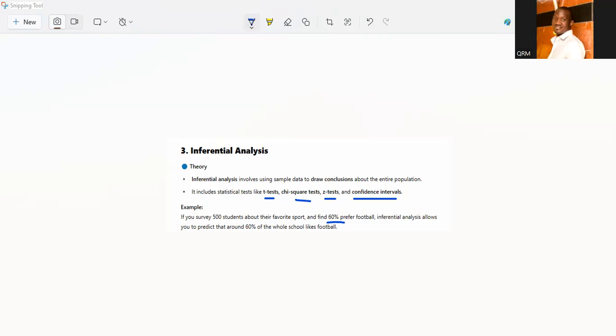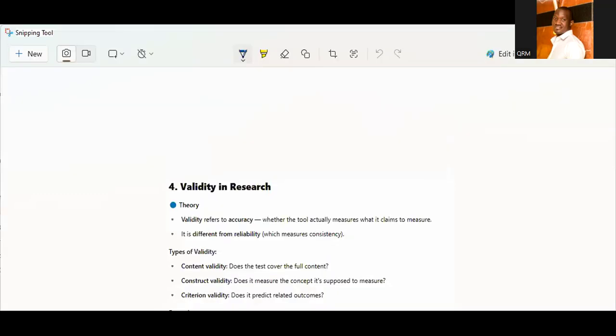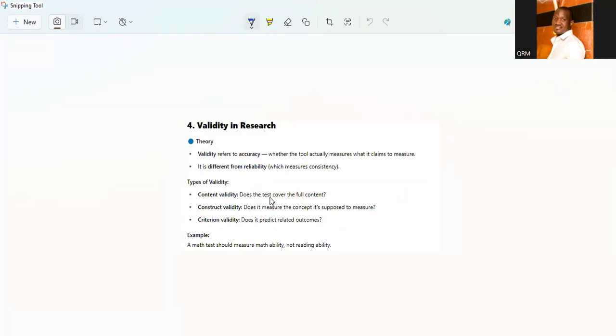So we also went to discussing issues of what? Validity in research. What did we say about validity? When measuring validity, there are several types of validity. There's what we call content validity, which looks at whether the test will cover the full content. We have construct validity, which asks whether the instrument is measuring the concept that it's supposed to measure.